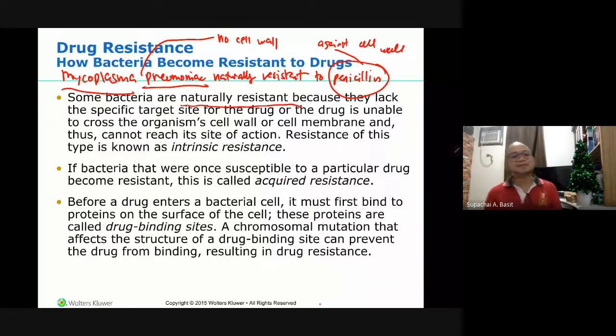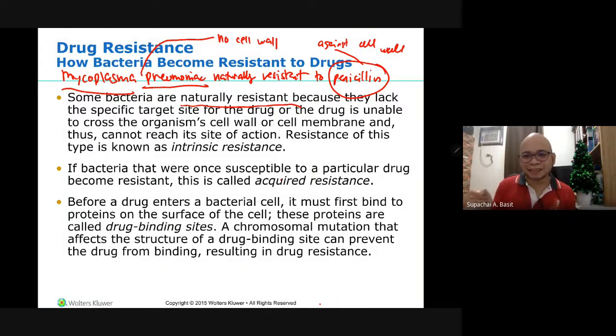Before a drug enters a bacterial cell, it must first bind to proteins on the surface of the cell. These proteins are called drug binding sites. A chromosomal mutation that affects the structure of a drug binding site can prevent the drug from binding, resulting in drug resistance. It's like the lock and key theory.